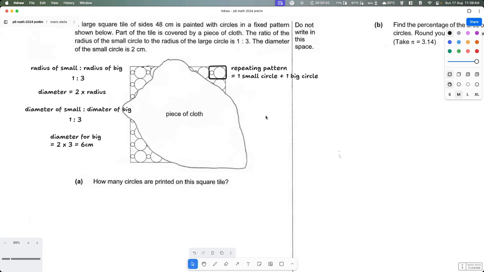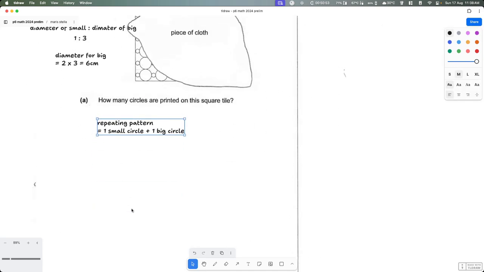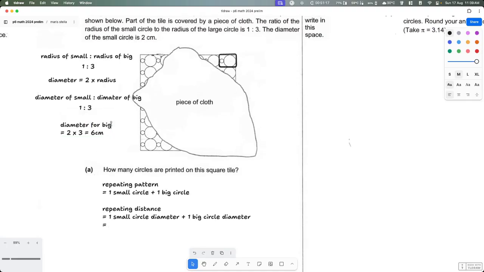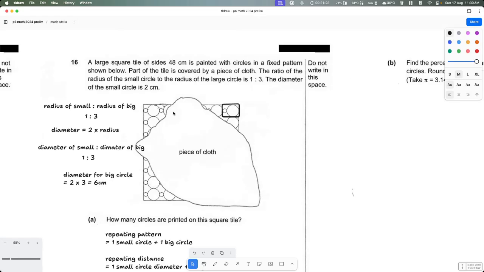That means for the repeating pattern, the distance is equal to one small circle diameter plus one big circle diameter. So the small diameter is 2 plus 6, and this will become 8 centimeters. So that's the repeating distance.